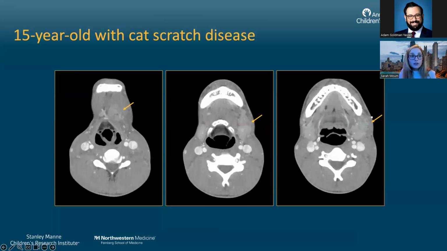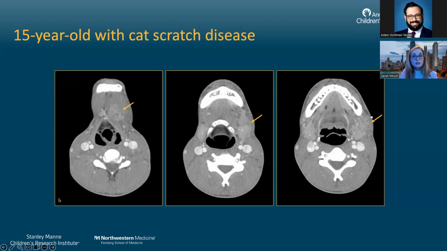Okay, our next patient is a 15-year-old who presented with left neck pain. They had also endorsed that they had these skin bumps within their neck soft tissues that had been becoming more prominent. And then more recently, right before they presented, they had this limited range of motion of their neck. Of course, this patient has a few cats at home, including a new stray cat that they just recently adopted and brought home.